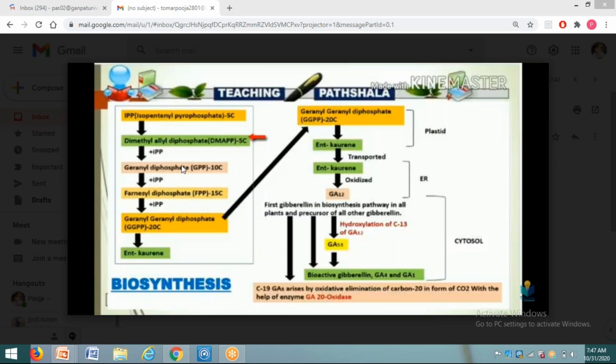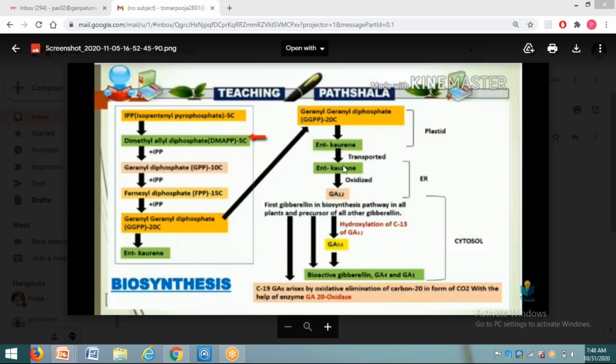First of all, the IPP is added. Then the formation of a 10 carbon compound takes place, that is geranyl diphosphate. In the geranyl diphosphate, the other 5 carbon compound is added. Then farnesyl diphosphate is formed. Then geranylgeranyl diphosphate. From this geranylgeranyl diphosphate, the ent-kaurene is formed.